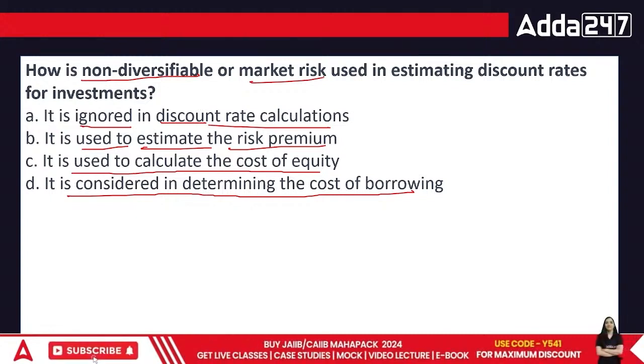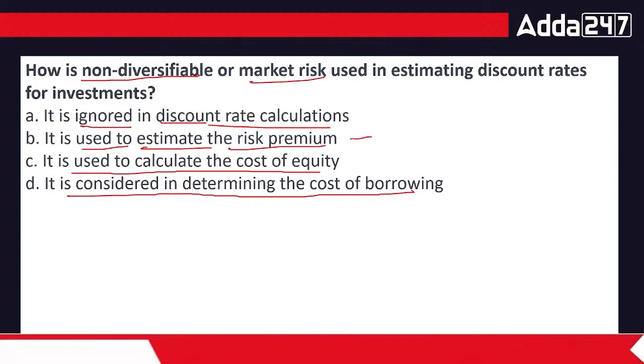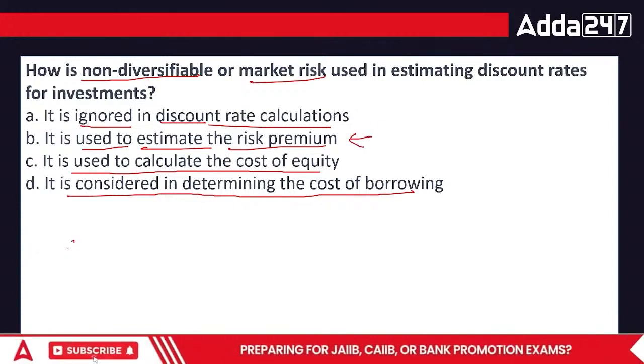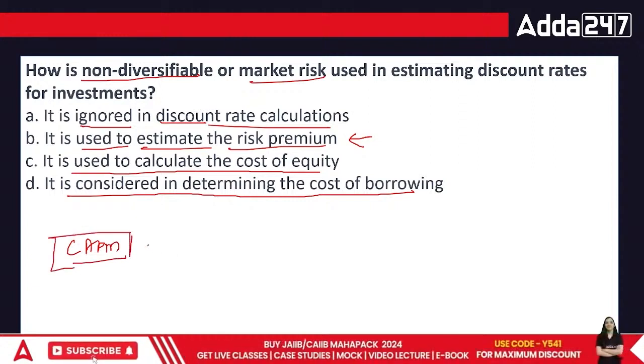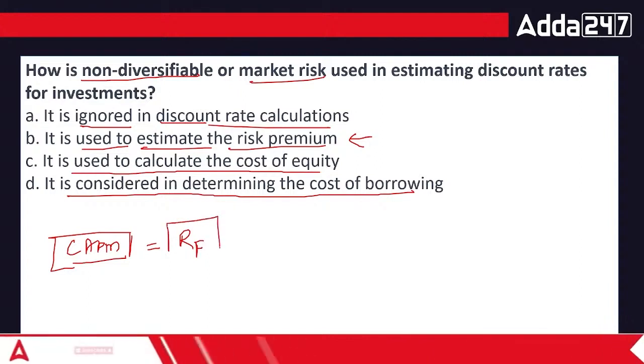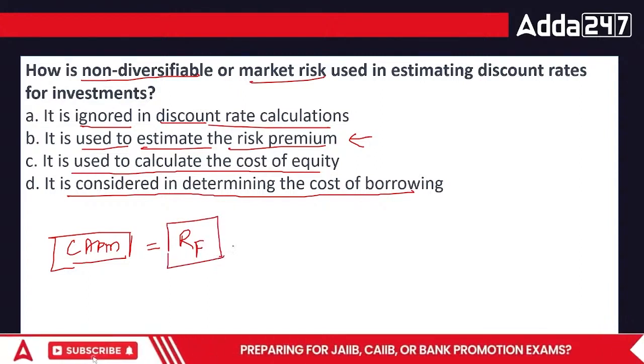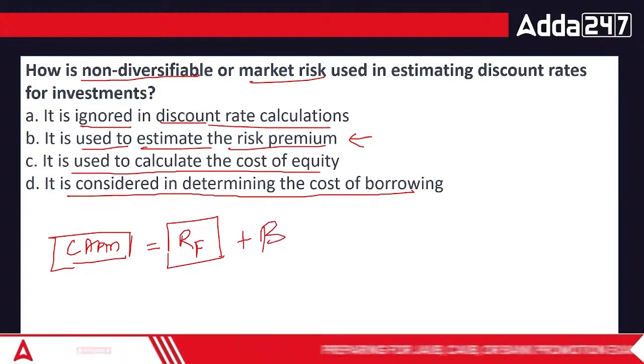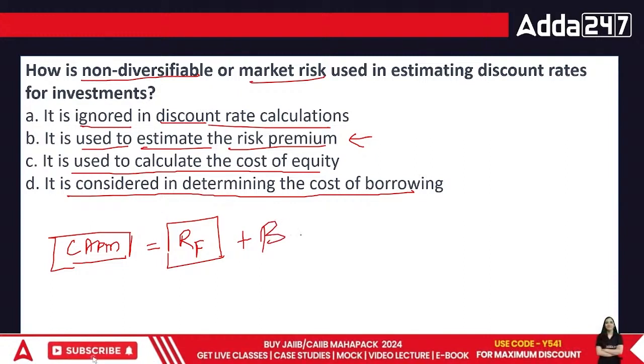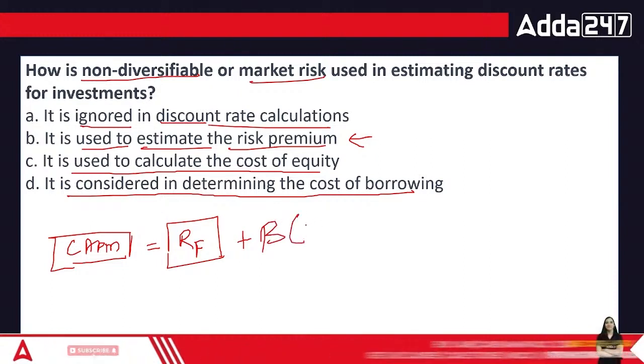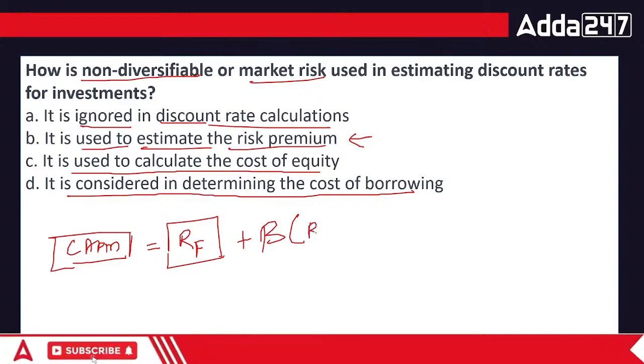If it is a market risk, the market risk is something where you get risk premium on it as well. For this, they use the CAPM model, capital asset pricing model. Under this model, you receive a risk-free rate of return. This is the minimum that you're going to receive, plus your sensitivity analysis. This is beta, your multiplier, and then we have your market rate.